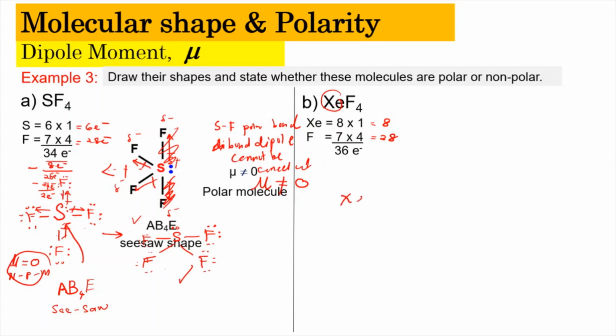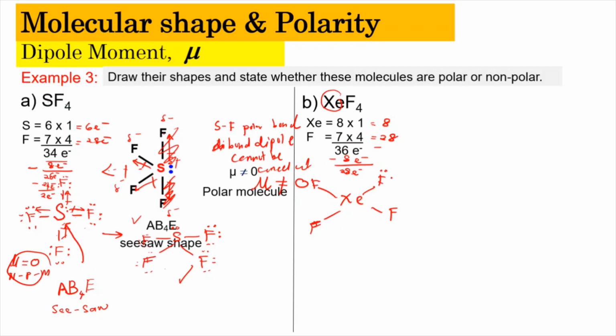So Xe, and then we're going to have 4 bonding pairs to join the fluorine. Okay, so we have used up 8 electrons. We're going to be left with 28 electrons. So the 28 electrons will be used in order to complete the octet at the terminal atoms.